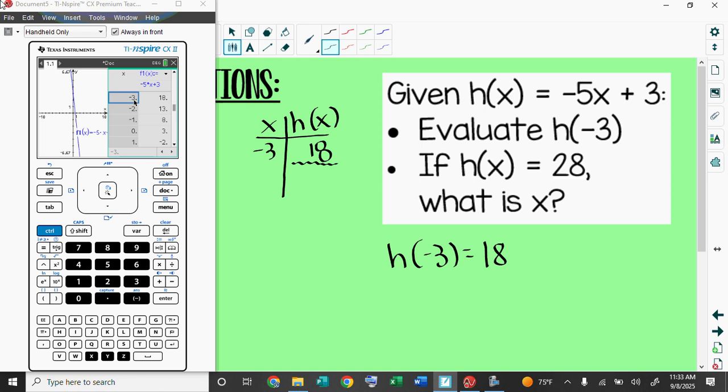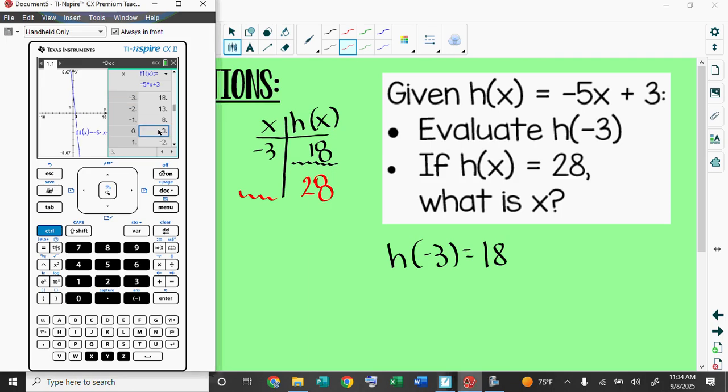Now, the next part, that's part 1, here's part 2. If h of x is 28, so now this time, this h of x goes in the second column. So I need to figure out, if I know the h of x, what is the x? I'm looking for x. I don't know this part. So I need to use my calculator.